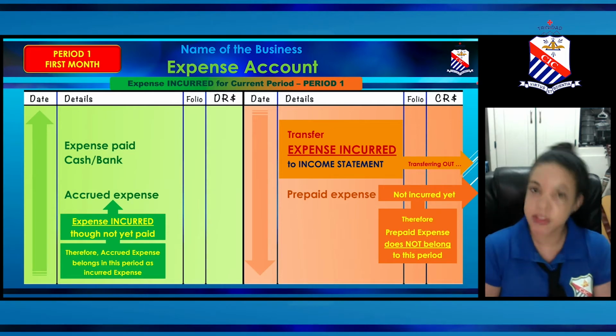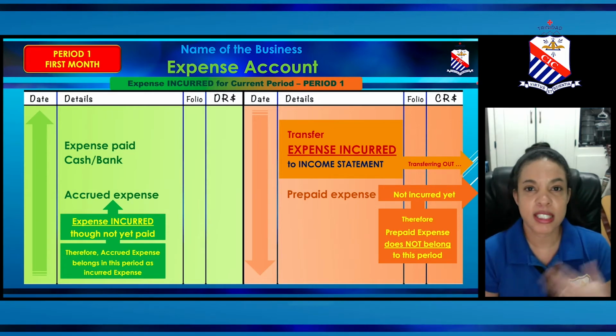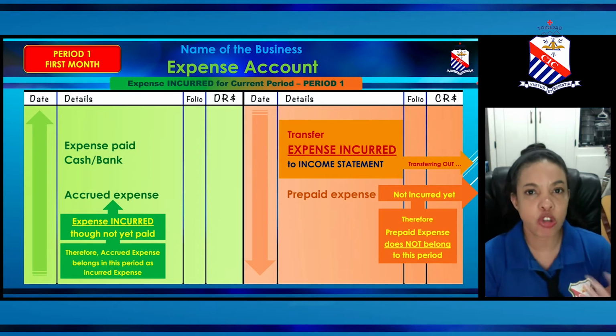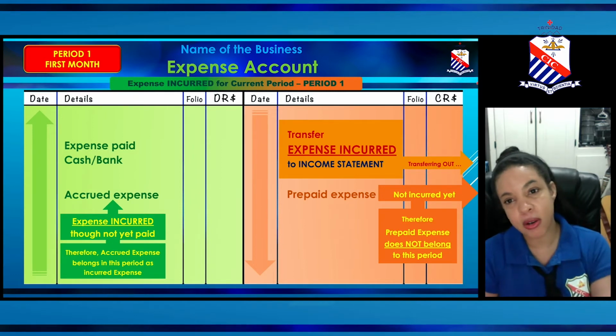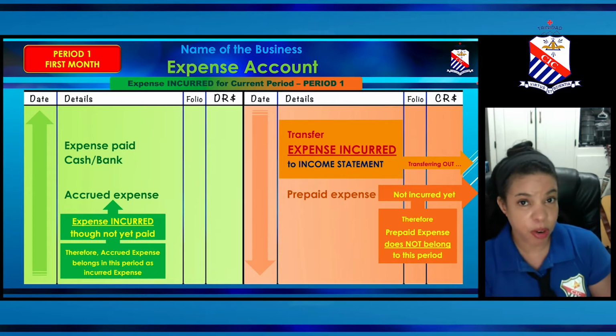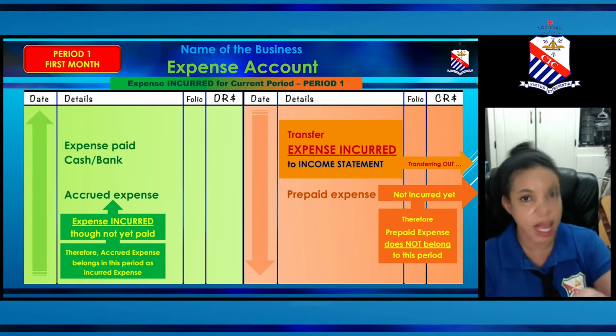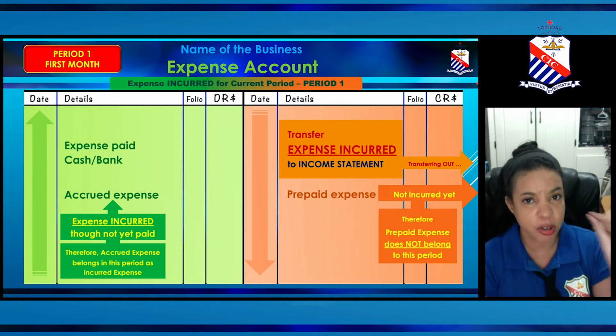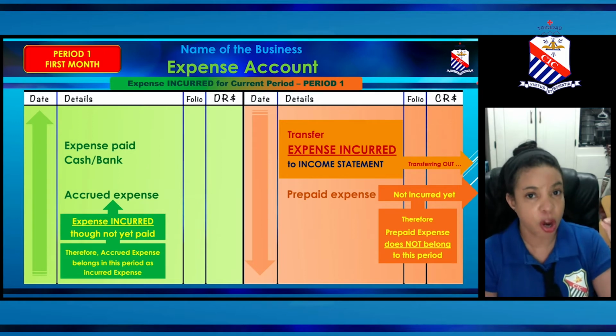So to transfer something means to take it out, decrease it, lessen it. So this is why it's on the credit side, because at the end of the period, in order for us to calculate our profit, expense accounts and revenue accounts are temporary accounts. They are nominal accounts.